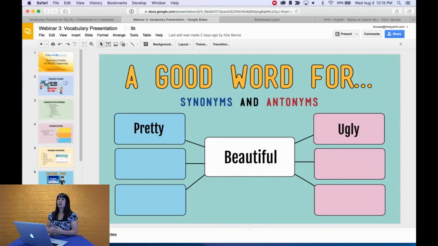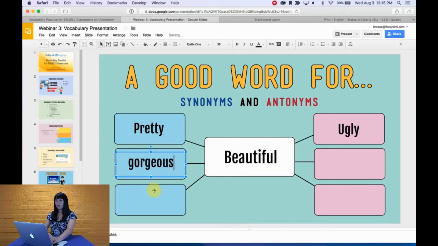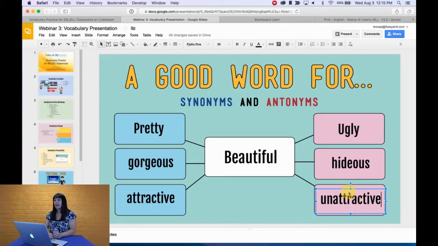The first step would be to have them find these words, obviously. So for example, beautiful, pretty. A word we can think of is gorgeous and maybe attractive. Ugly, hideous, and maybe unattractive. And so I filled out my graphic organizer.